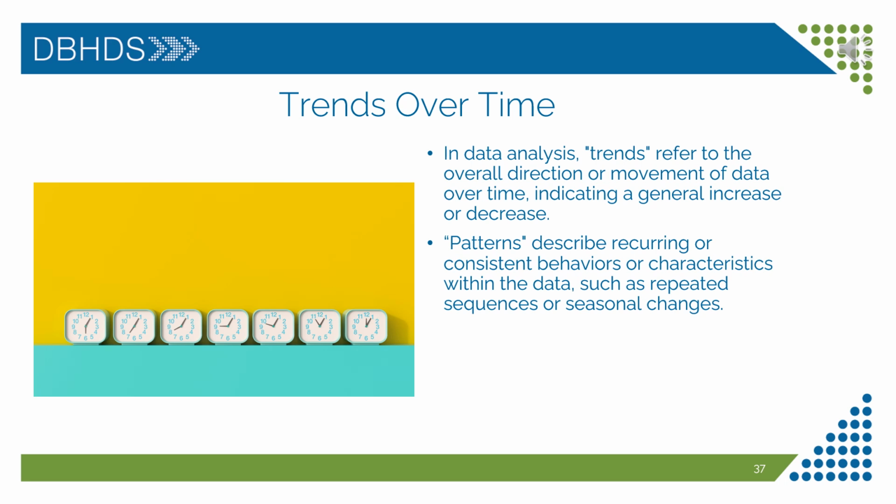Trends over time refers to the overall direction or movement of data as time passes, indicating a general increase or decrease. You'll also be able to notice patterns, which are recurring or consistent behaviors or characteristics with the data, like repeat sequences or seasonal changes.